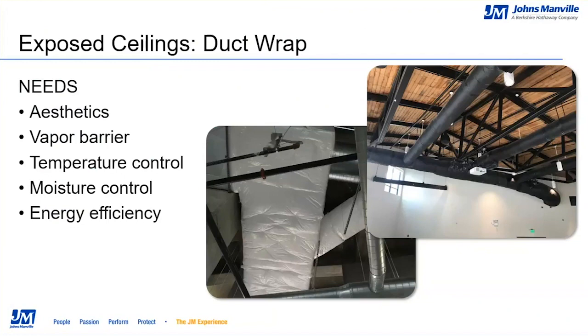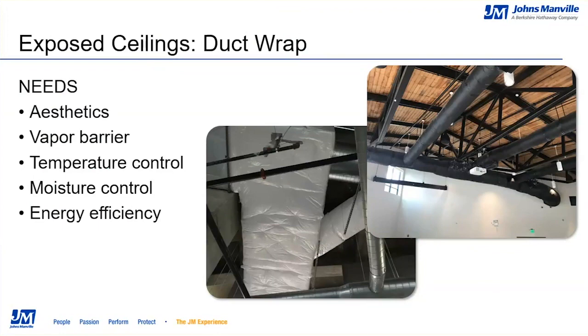Historically, this has only come with a foil scrim kraft, or FSK, facing that is shiny and silver, because traditional applications have covered it with ceiling tiles or behind the walls. Now, however, you can get duct wrap in white PSK and, as of this year, in black coated PSK. And PSK, as we see here, is a polypropylene scrim kraft.